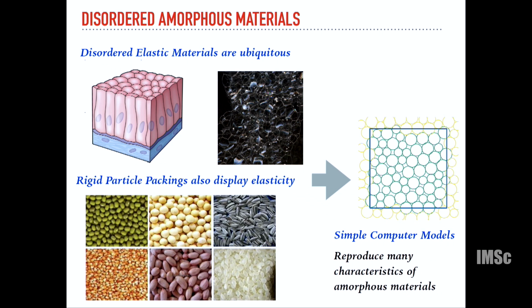Here I'm just showing different kinds of materials that can be described with these simple computer models: cellular epithelial tissues, foams which are robust to thermal fluctuations, rigid particle packings that also display elasticity at the large length scales. Even though the individual particles have some sort of elasticity, the macroscopic elasticity emerging from these disordered networks is quite different. So we try to understand such systems.